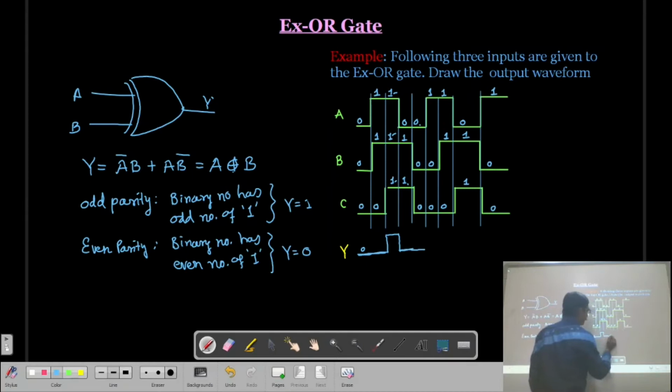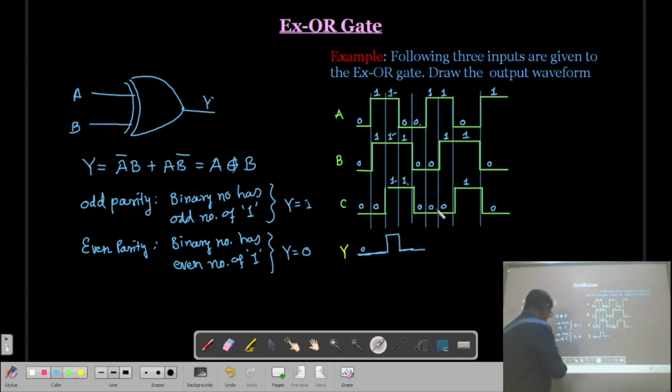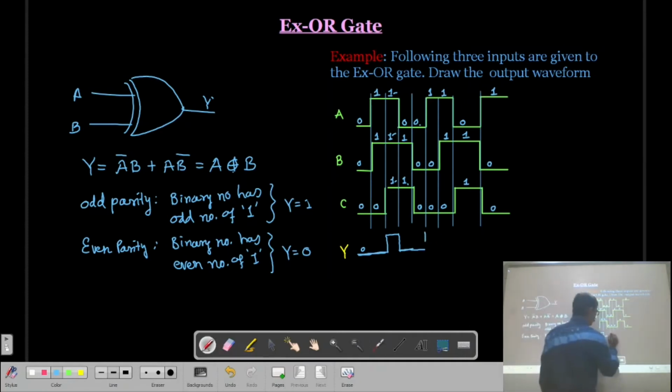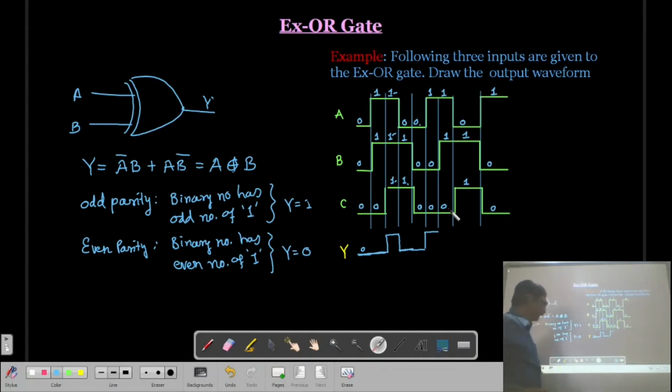Then again we have 0, 0 and 0, so it will extend up to this. Then the next one is 1, 0 and 0. So this number is with the odd parity. Then the output will go to the high, like this. Then look at the next one, 1, 1 and 0. So this number is with an even parity.